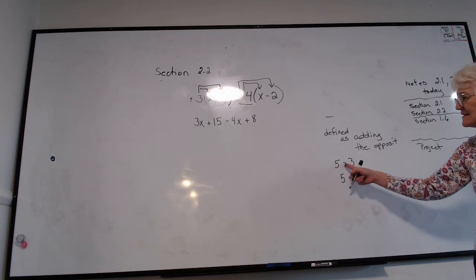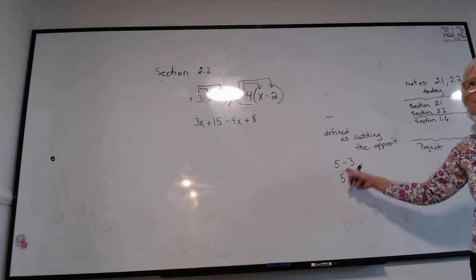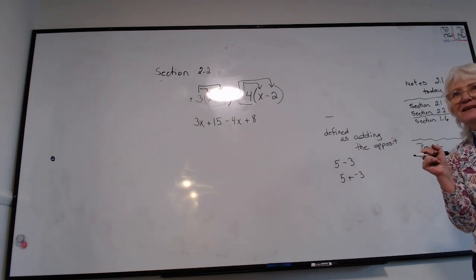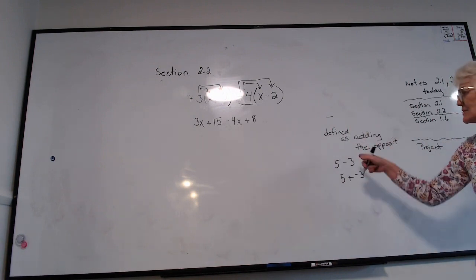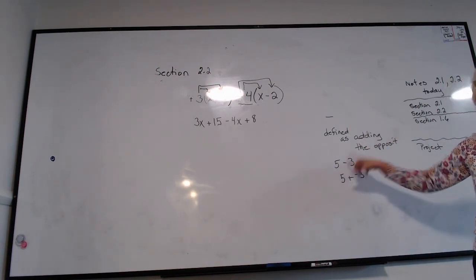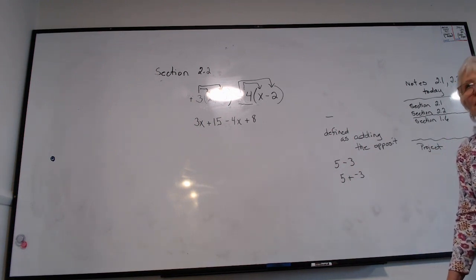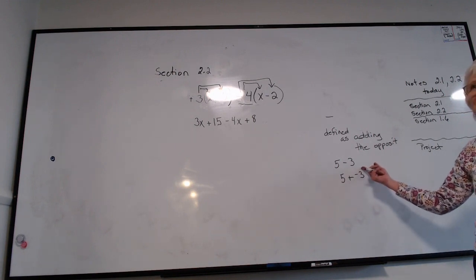Really, this is saying we're subtracting 3, which is adding a -3. We're going in the left direction 3. We're going down on the number scale. We're taking 3 away. We look at it all different ways, but that's really what we're doing.